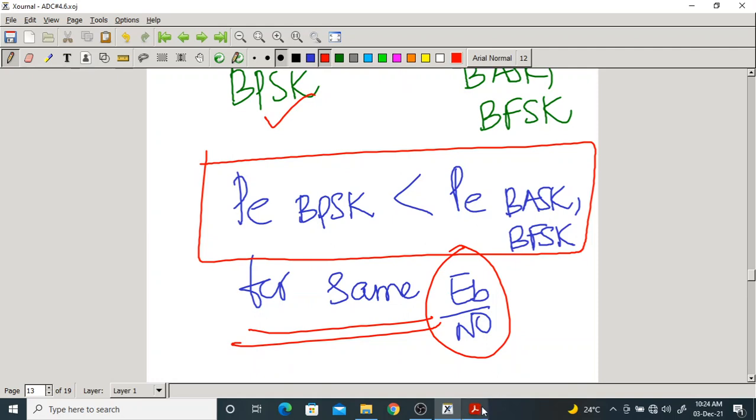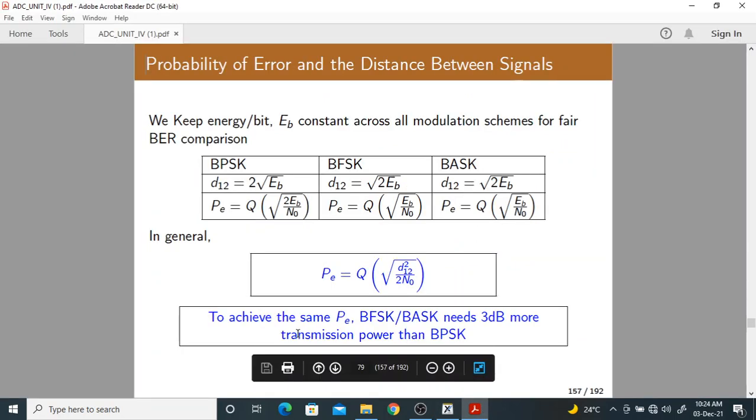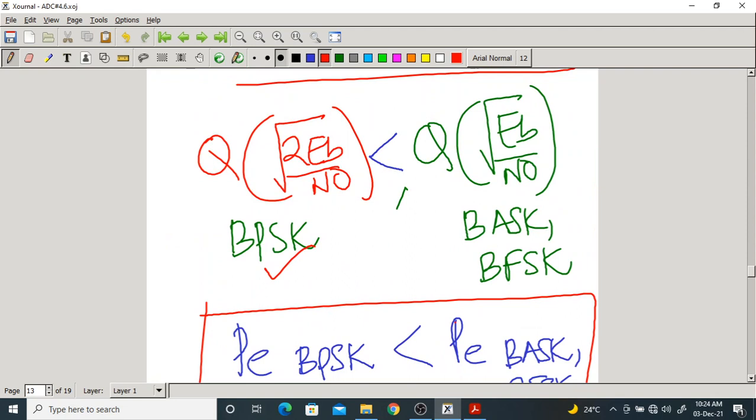Now here I have made a very important statement: to achieve the same probability of error, BASK and BFSK need 3 dB more transmission power than BPSK. If I want to make them the same, let me take this as EB1 and EB2.